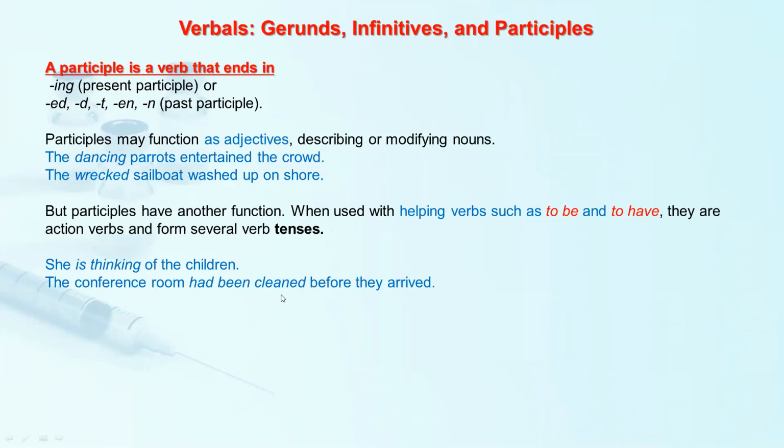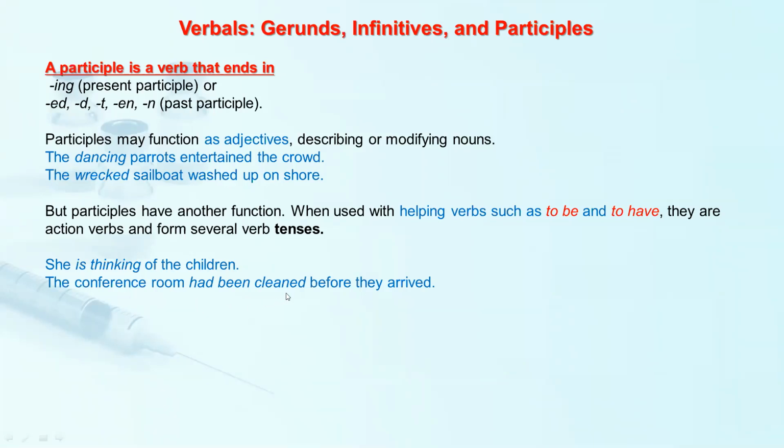Had been cleaned is the passive form. Had been is the past perfect tense, and cleaned is the main verb, and we will learn how to form the passive voice of an active sentence.